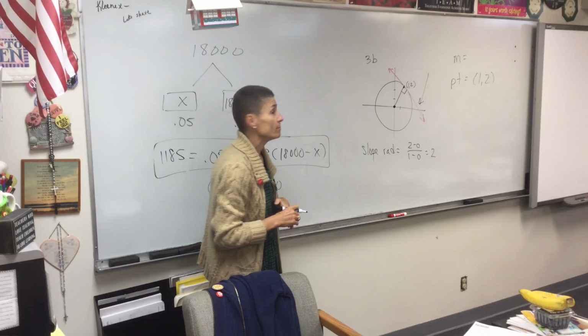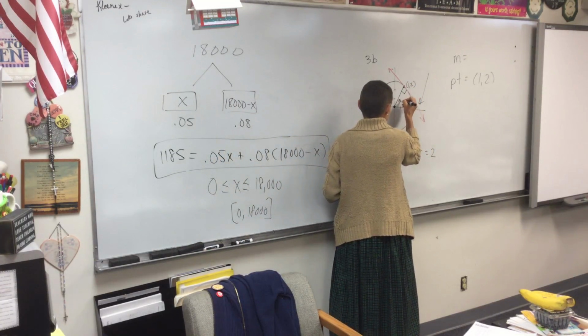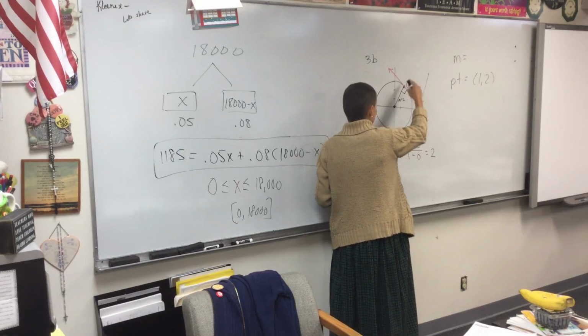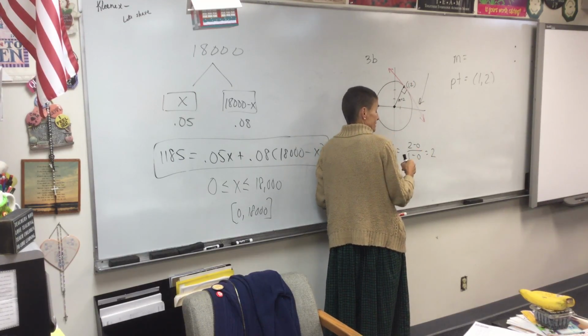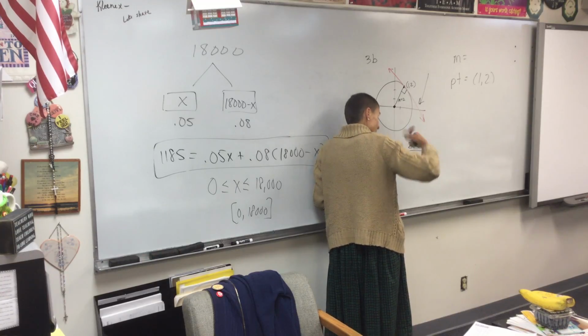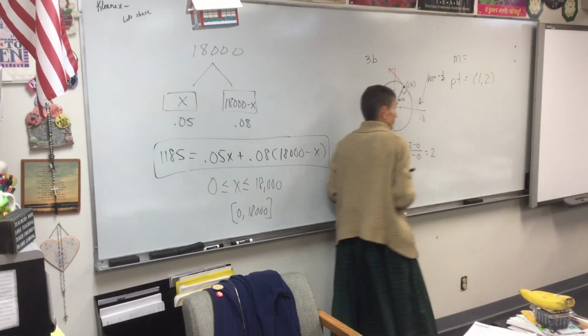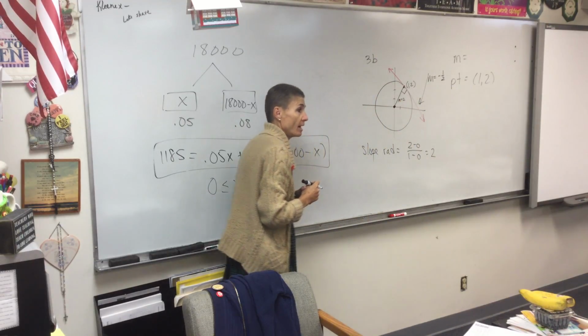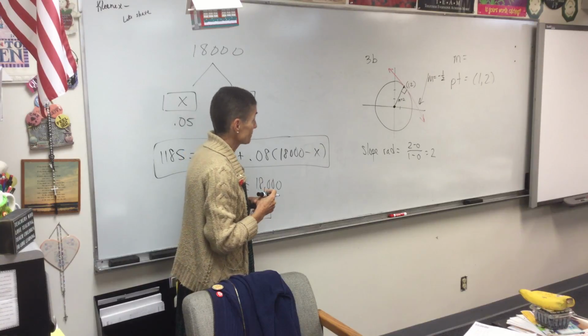It's opposite slope. I know the slope of this guy is 2. Since these are perpendicular, I know the slope of the red one has to be -1/2, because perpendicular lines have negative reciprocal slopes.